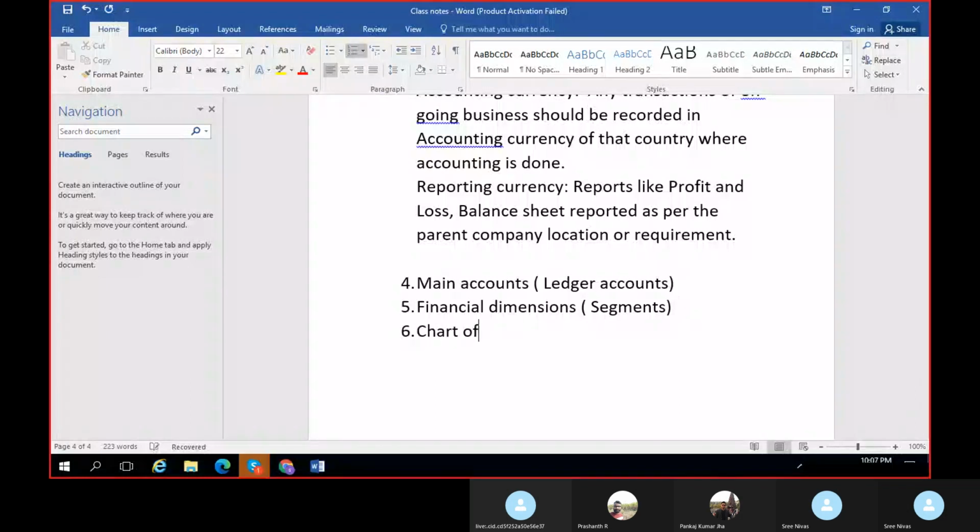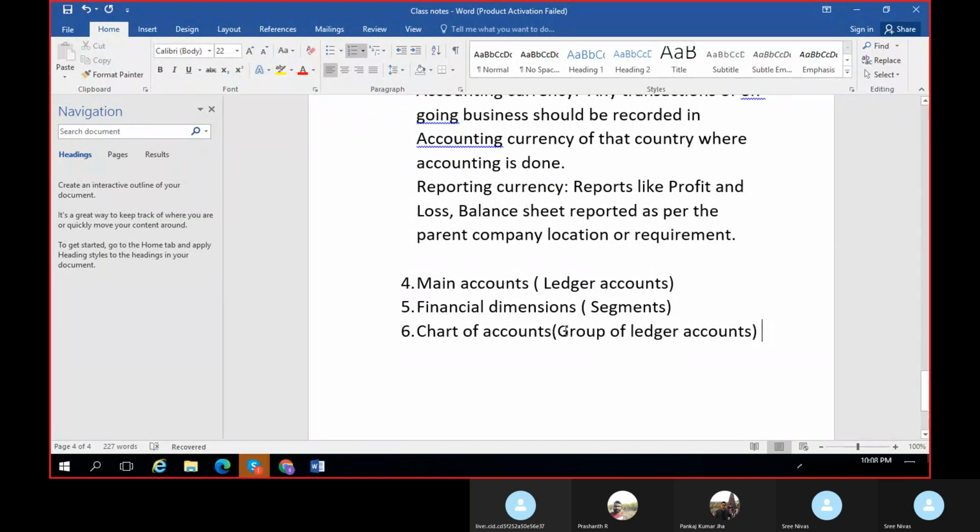The next topic will be chart of accounts. Here we'll call it a group of ledger accounts. For example, if you have multiple bank accounts like ICICI, HDFC, Axis, you can create a group. There is a difference between financial dimensions and the chart of accounts.